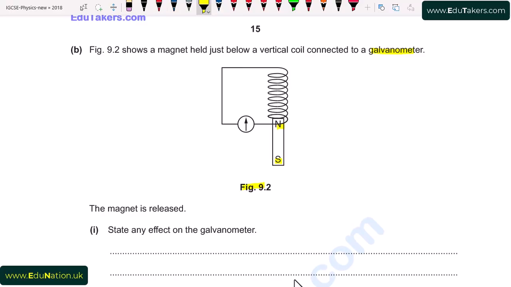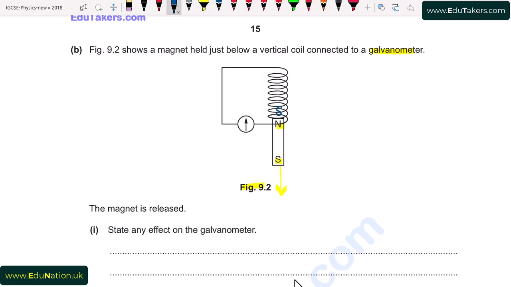So first of all, in this figure we can see that the coil is very close to the magnet. When the magnet is released, it moves in the downward direction, so if this is the north pole, the face of this coil will become south because the magnet is moving downward.